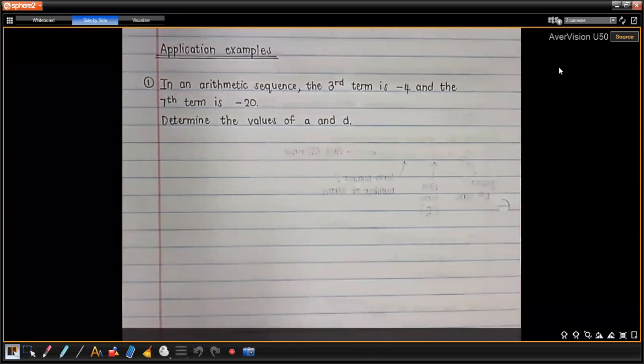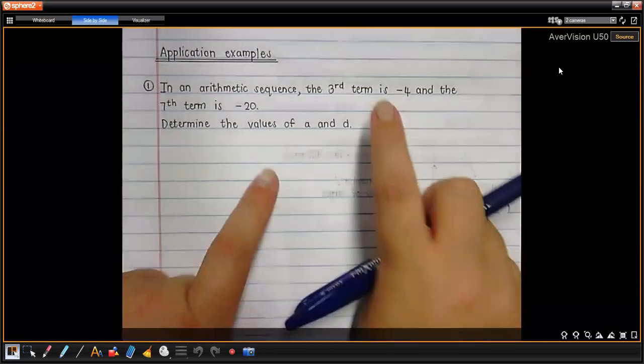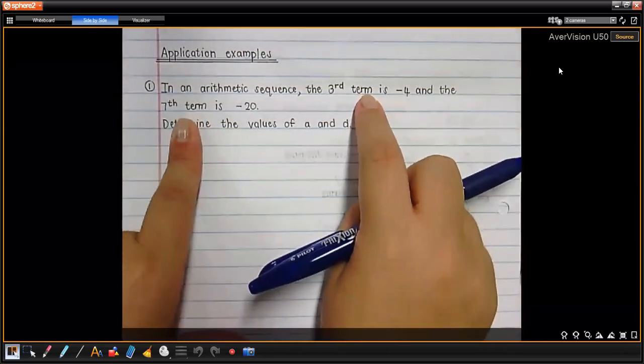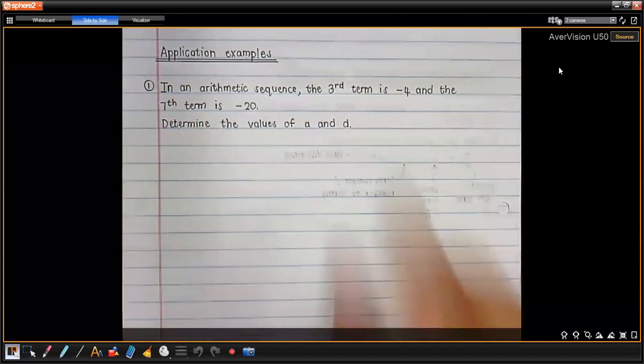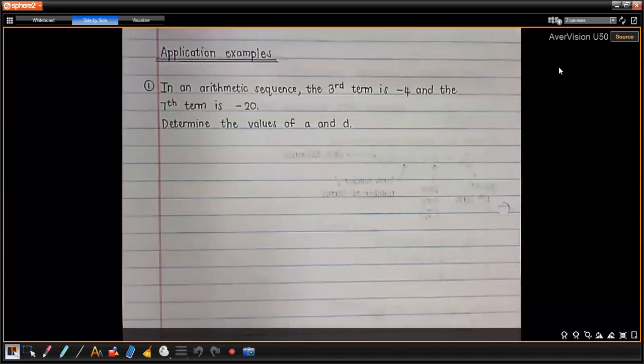Okay, guys, we have been given the value of the 3rd term and the value of the 7th term. And we're asking for the values of A and D. Now, in this case, because the 2 terms that they've given us are quite close together, right? Term 3 and term 7. You could do this one by inspection very easily. I want us to come up with a method that we can use when the terms are very far apart.